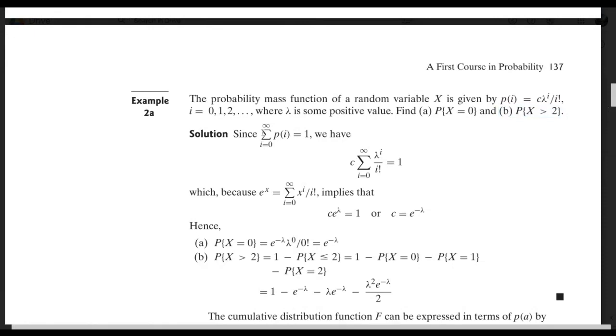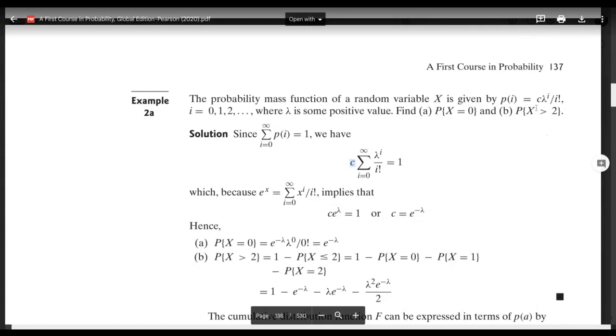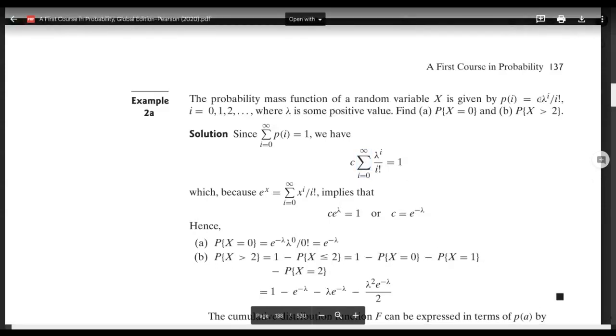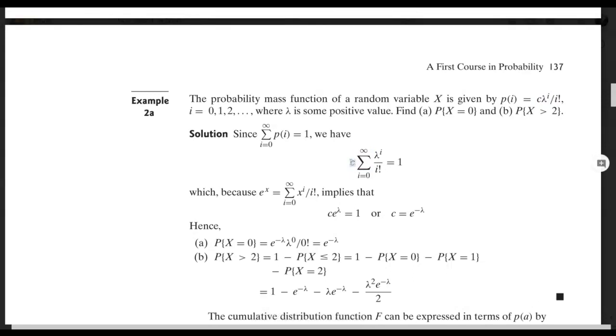Since adding up the probabilities of all the values equals 1, we can do this, right? Because this is a probability mass function. If we add all those and let i go from 0 up to infinity, that has to equal 1, right? And c is a constant, so we can factor it out of the summation sign. So we just have to deal with lambda raised to i divided by i factorial.